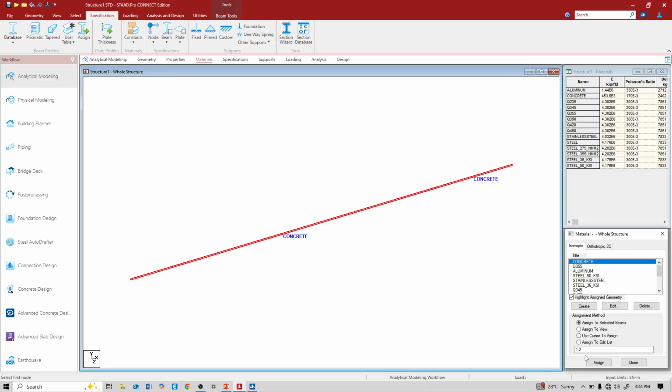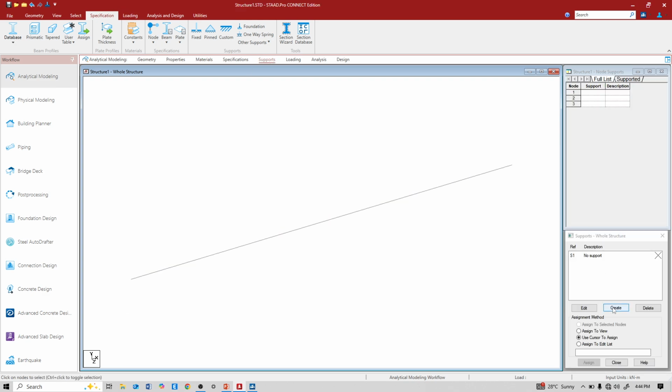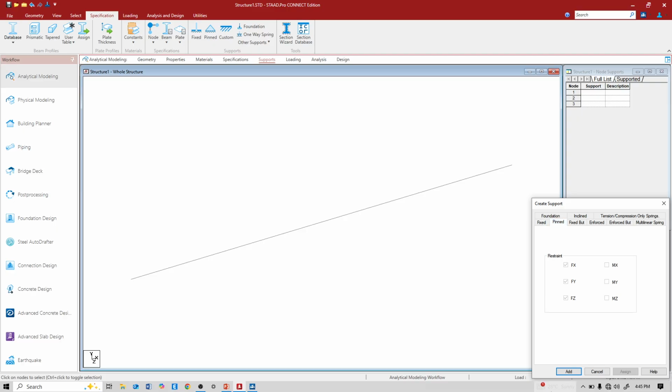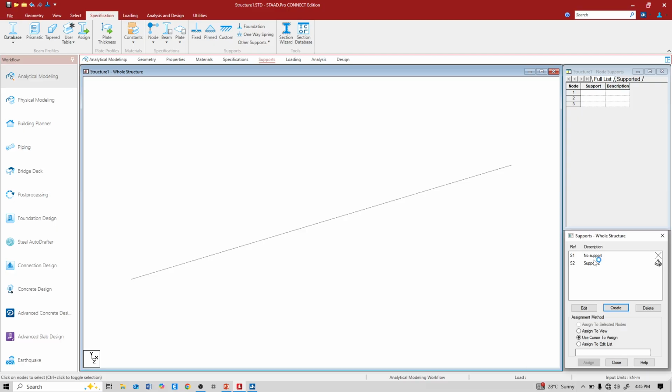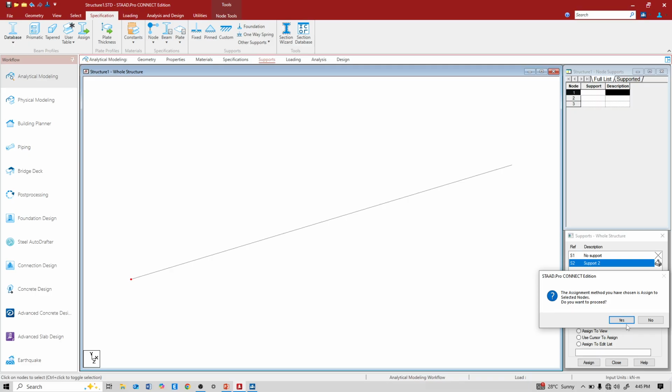Material is concrete. Support is pin. Assign this support to that A point. Assign to selected beams. Yes.